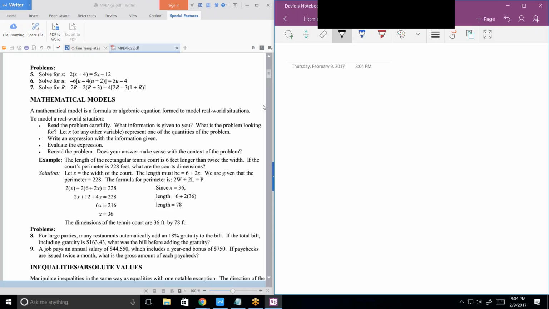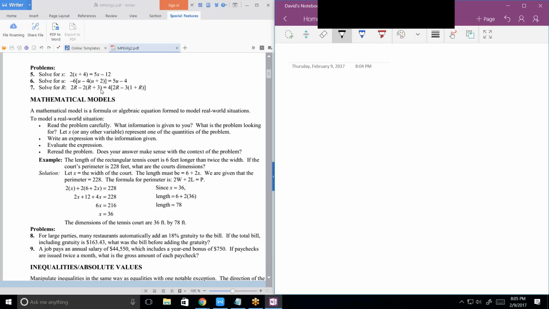Okay, next problem. Number 6. What's the first thing you're going to do on number 6? Distribute the 4 to the u and the 2. Do only that. This is a situation where you really only want to do one step at a time. So what's the next line if I do that?